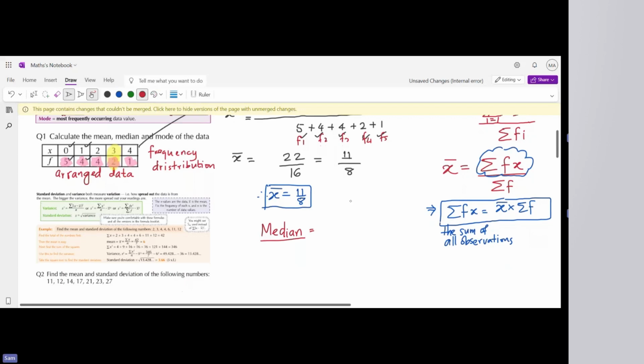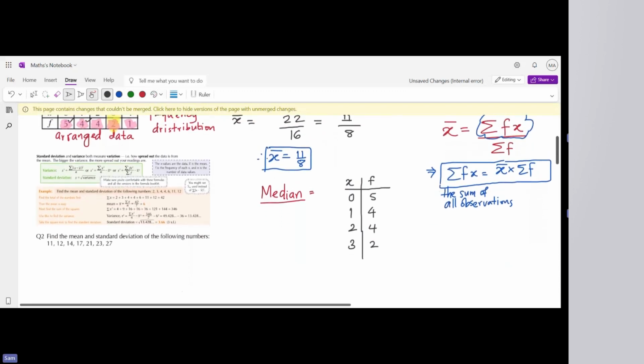These are your X values, and you have the corresponding frequencies. 0 appears 5 times, 1 appears 4 times, 2 appears 4 times, 3 appears twice, and 4 appears once.